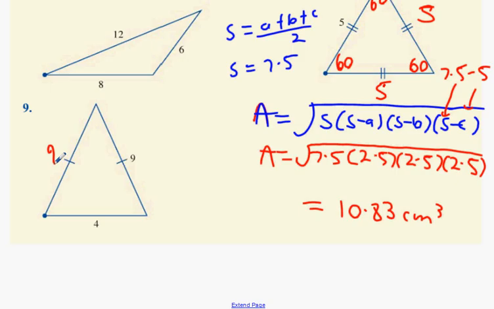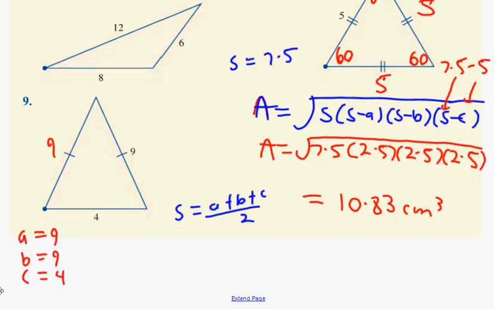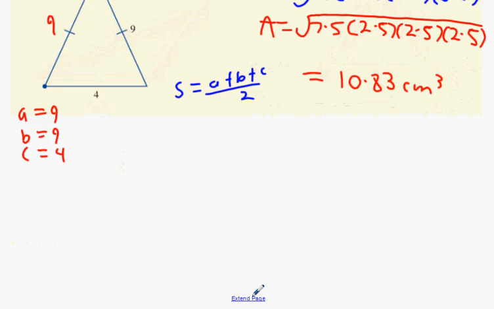So you're going to go for the S formula first. What do you want A, B and C to be? A is 9, B is 9, C is 4. So what we're going to get, S equals 9 plus 9 plus 4 all over 2. 9 plus 9, 18 plus 4 divided by 2, 11.